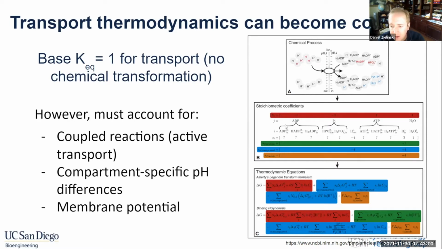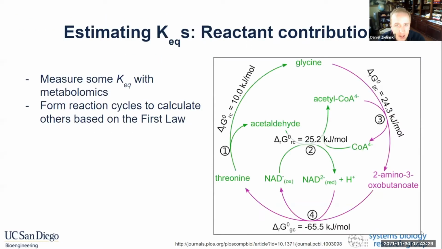And so you have to have different binding equilibrium equations for all of these states, accounting for their charge, as they get affected by the membrane, typically slightly more negative inside of the cell. So it can get quite complicated to handle all these factors, but there are equations to do that. And so this has been formally handled and typically gets accounted for by different software tools to estimate these constants.